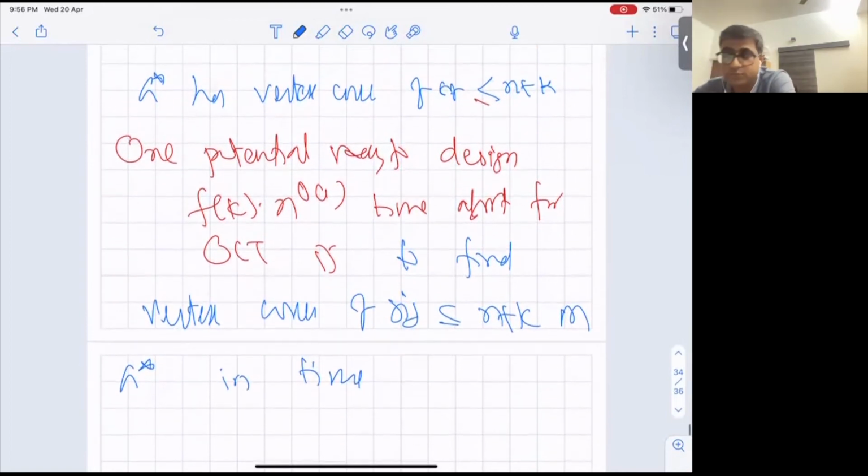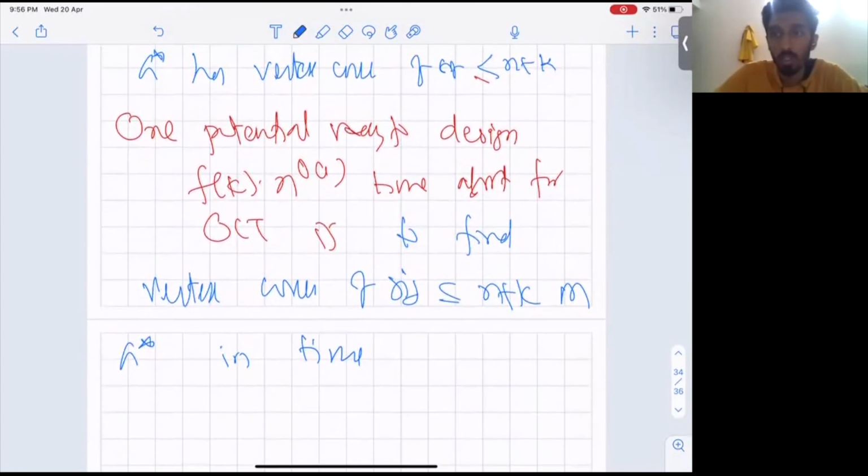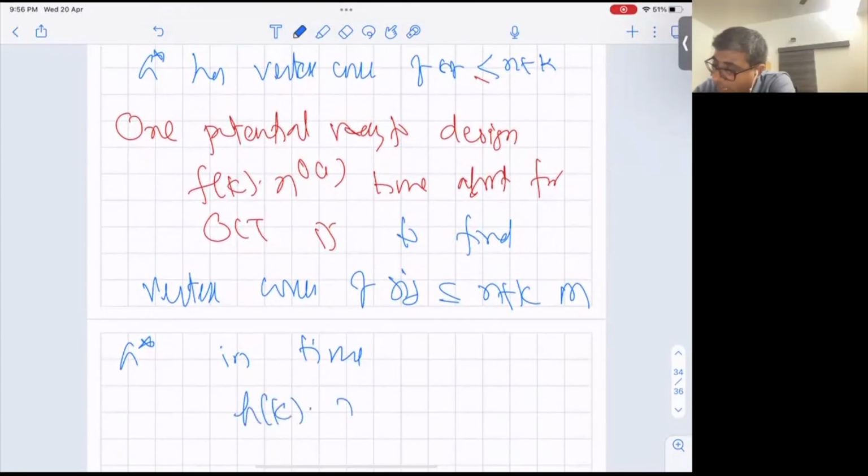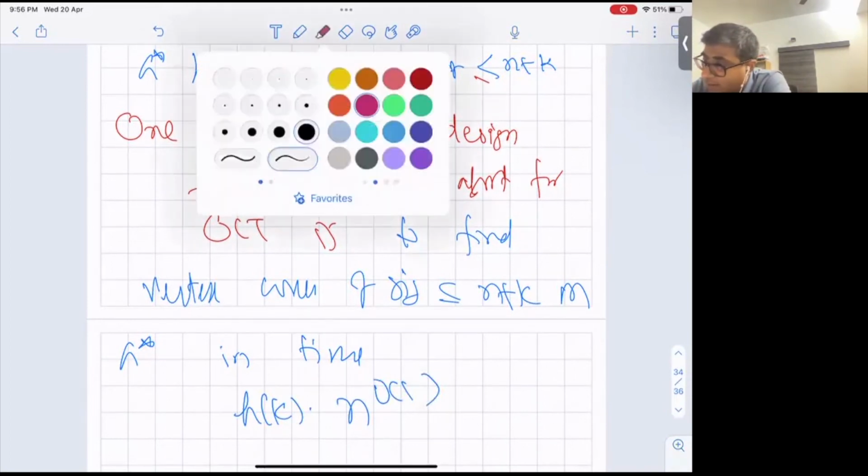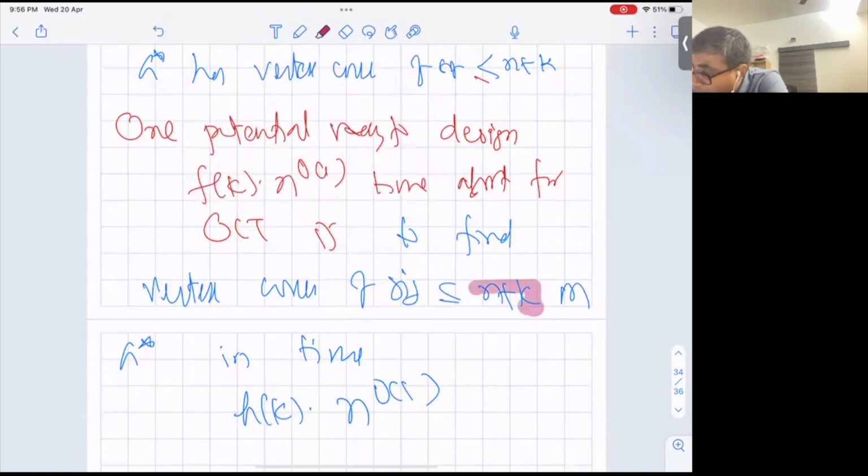Some h of k times n to the power big O of 1. You have to find a vertex cover of size n plus k, but the running time you're allowed is only h of k times poly. Whether we can achieve that or not is an entirely different thing. All I want is clarity on the question we are trying to address.